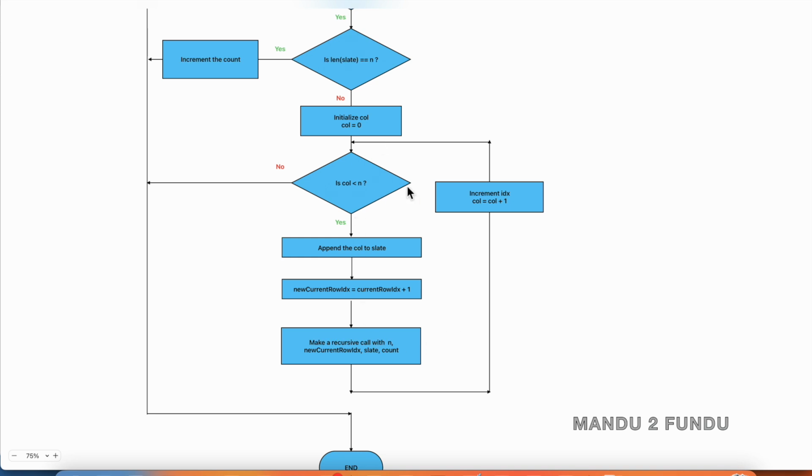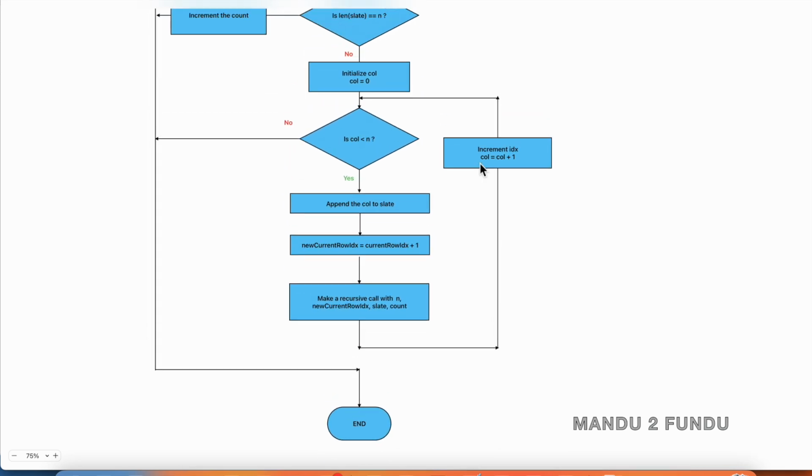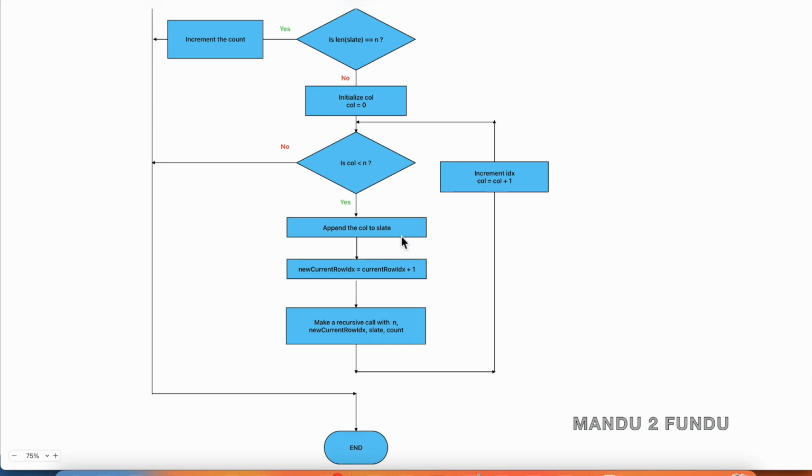By going through this loop, we append the current column number to the slate and then increment the current row index by 1 and assign it to the new current row index, and then we make a recursive call with the updated new current row index and the slate, and then count. We repeat this for all the columns. Once we come out of this loop, we finally return back to the main function where the count will contain the total number of distinct solutions.